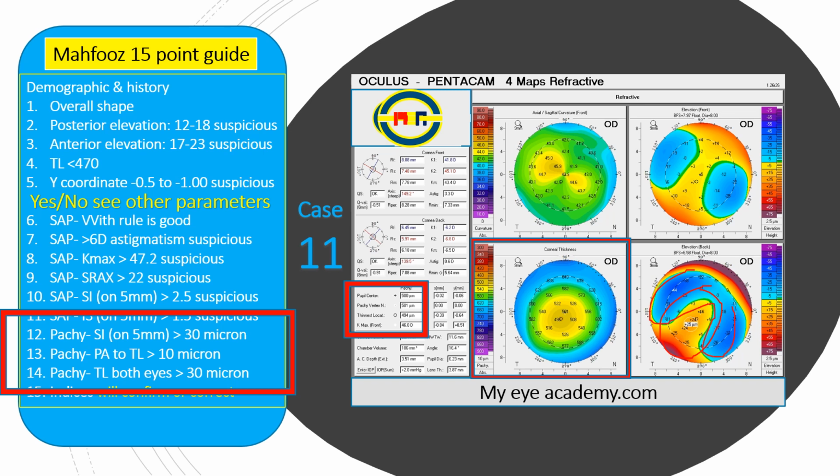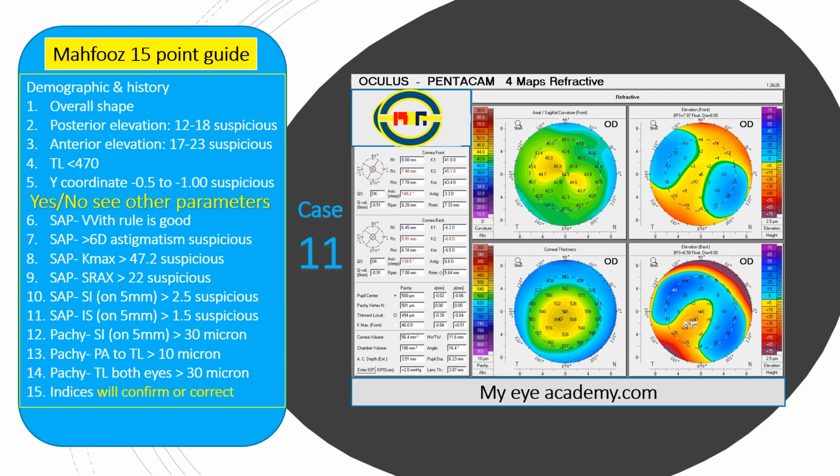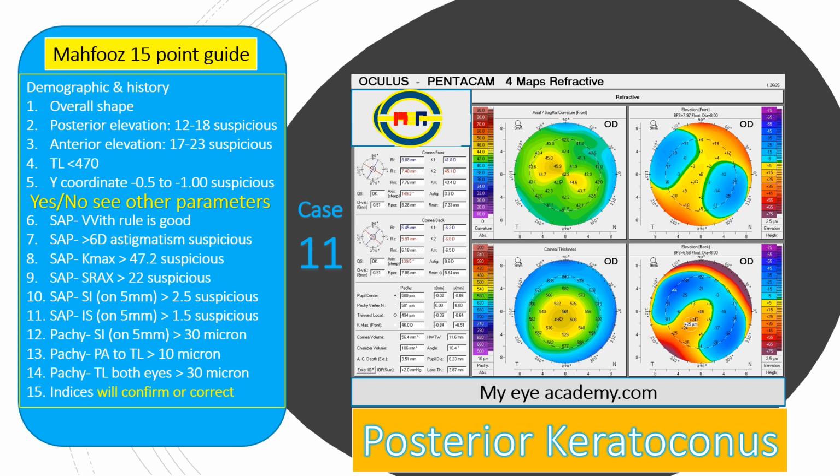So I think this is not a normal cornea, and the only abnormality on this topographic map is the posterior elevation. So this is perhaps a posterior keratoconus, which is a start of a keratoconus and which could be the only positive finding in the abnormal cornea. So let's see, is it a posterior keratoconus?